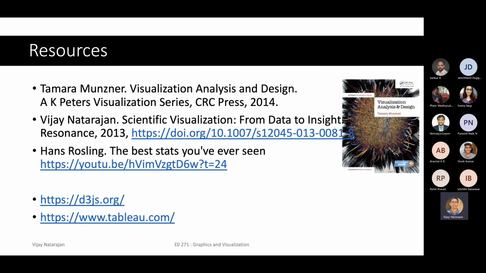The introductory chapters in this book talk about the language used in visualization, and then it focuses on information visualization techniques. So it's a very good book, very easy to access for everyone.